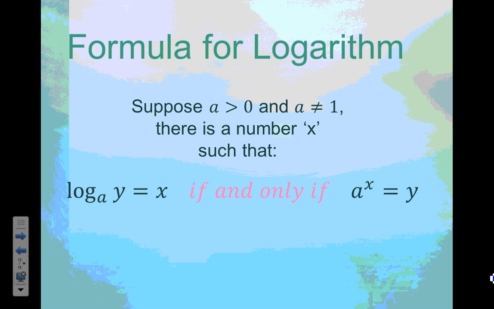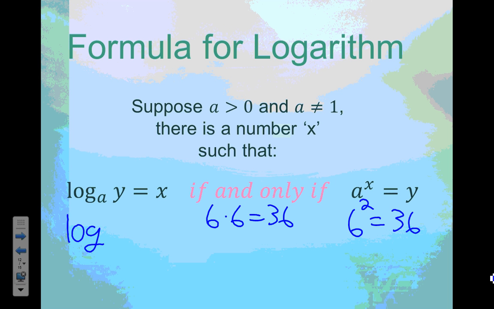Let's go back to that 6 times 6 that we did. We have 6 multiplied by 6. We got 36. In exponential form, you say 6 squared is equal to 36. In logarithmic form, you will write log base, what is the base? Well, the base is 6.